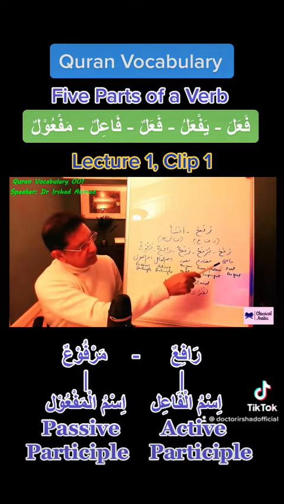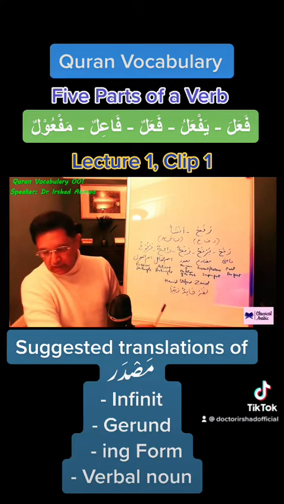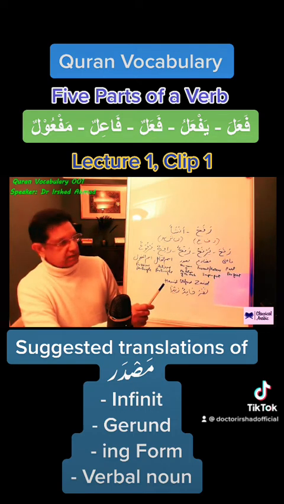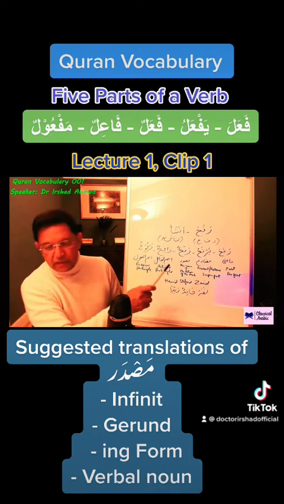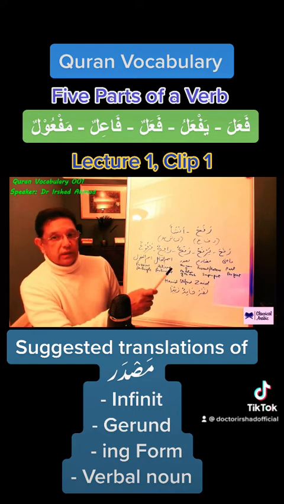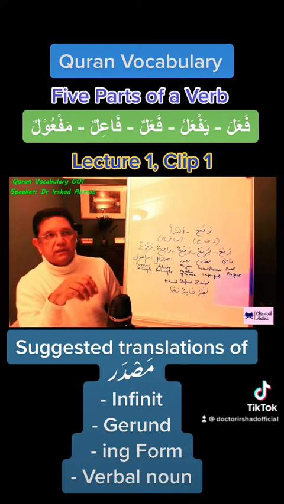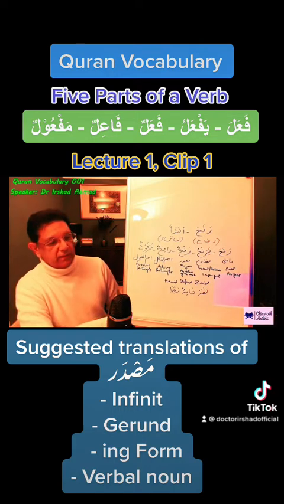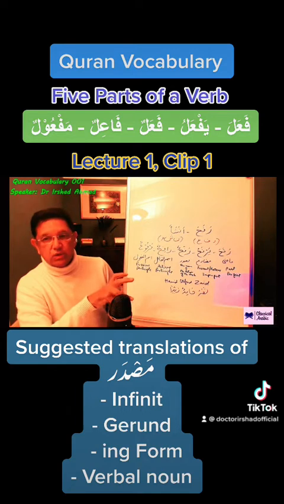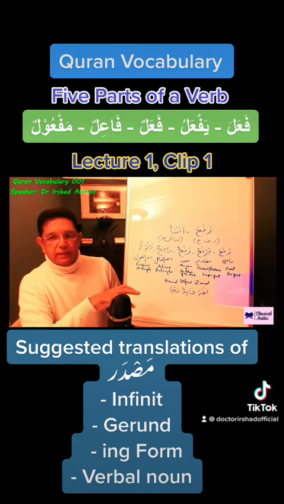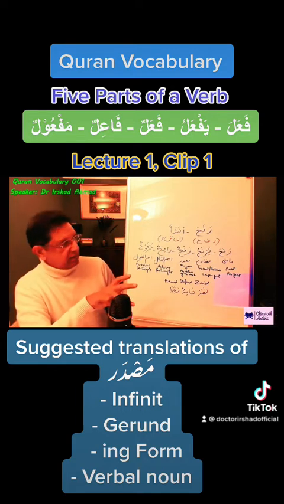So this rafa'a actually means he raised, but that is also taken to mean to raise, which is an infinitive in English. In English we have the infinitive, which does not really exist in Arabic. To write, to cycle, to eat, to drink, these are all infinitives in English. In Arabic that infinitive doesn't exist.